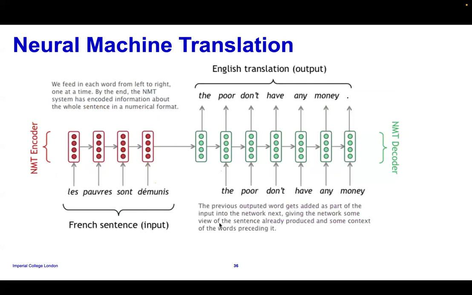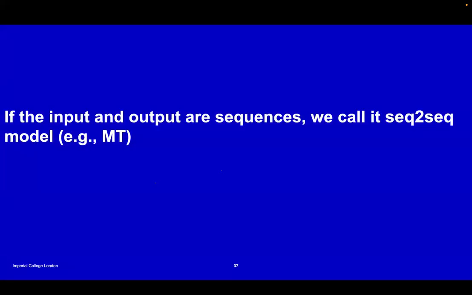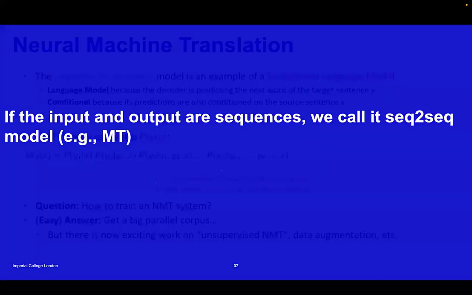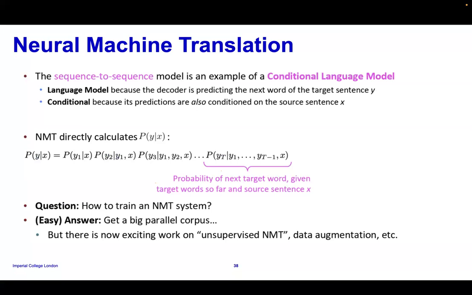So this is basically what I talked about, where we have an encoder and decoder, and if the input is a sequence, we call it Seq2seq. We already know this about neural machine translation.